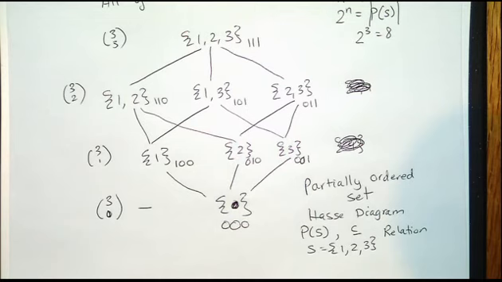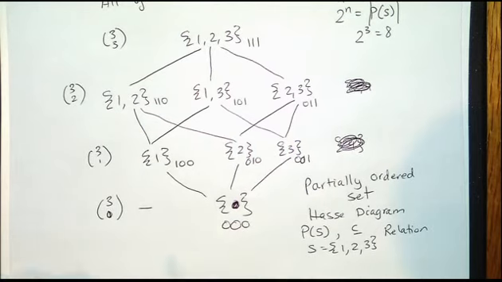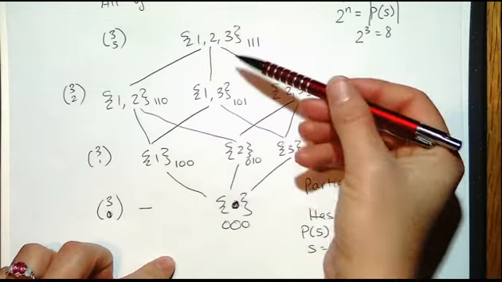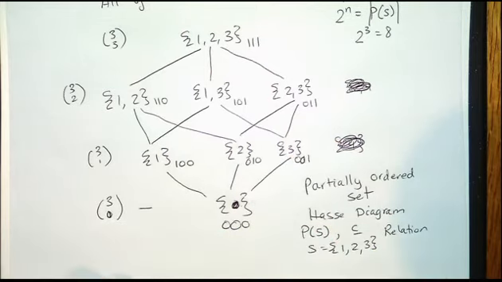A Hasse diagram is a digraph for a relation, but all the arrows go up. We don't draw the reflexive edges, which are basically circles on the elements, because the empty set is a subset of itself, but I'm not drawing that. And I'm also not drawing that the empty set is a subset of all these ones up top because they're already connected to the lower levels.